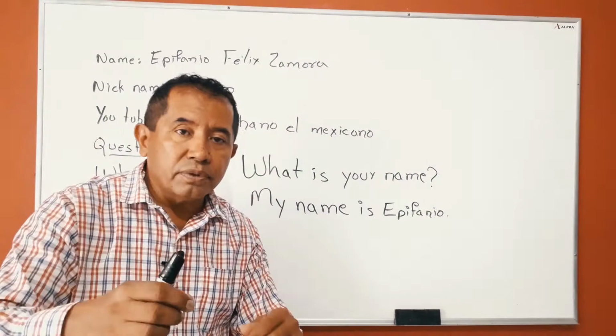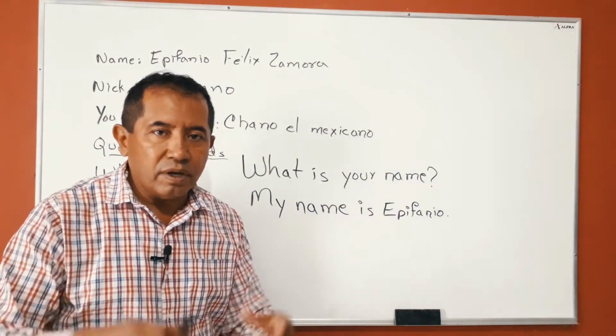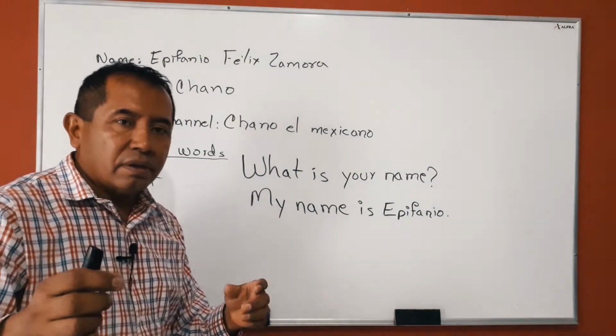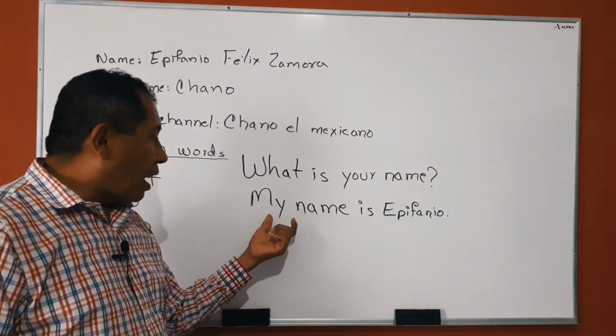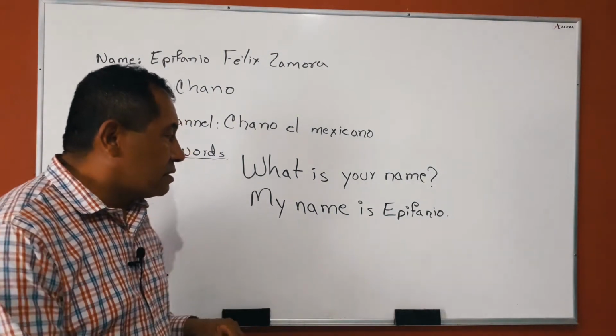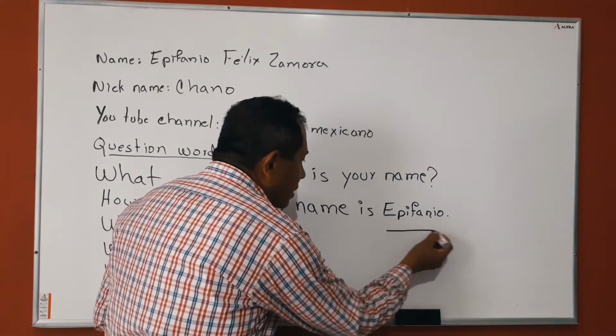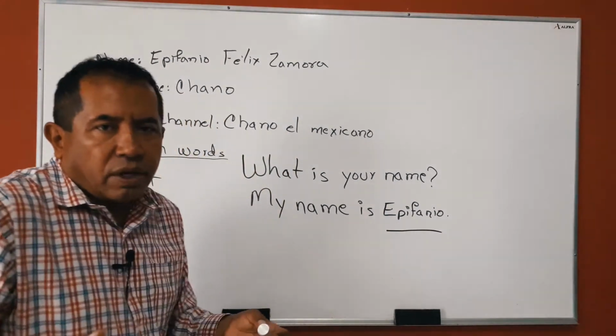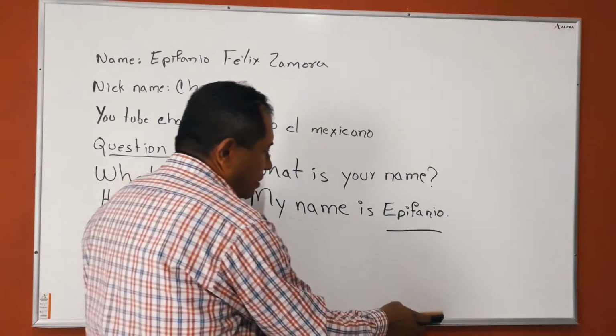So what's your name? You on the other side. What's your name? You have to say, my name is, and here, whatever your name is.